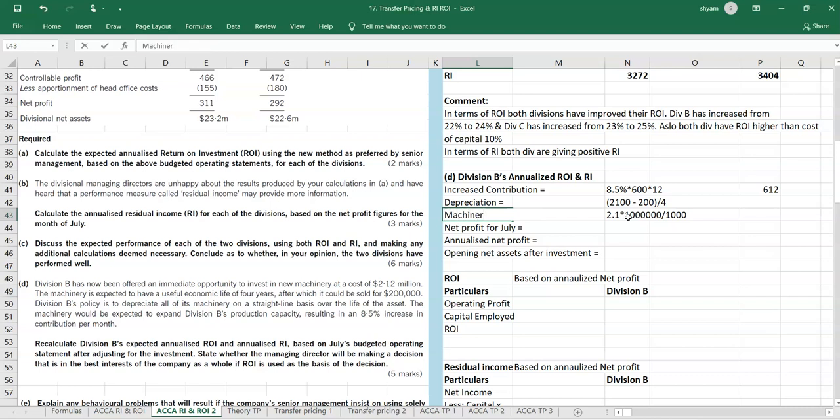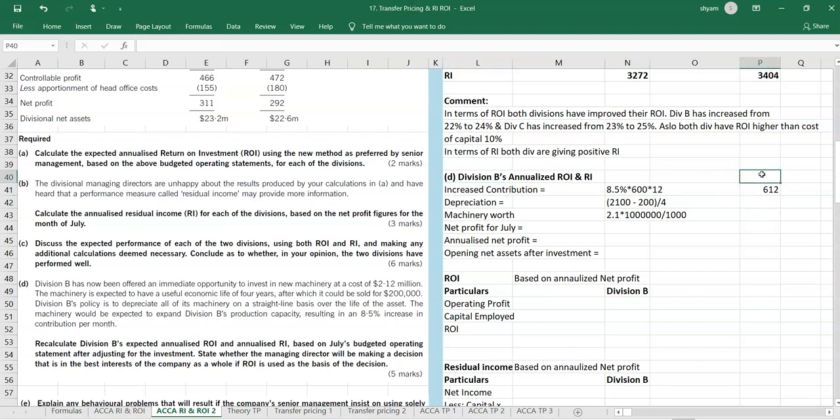Depreciation would be 2100, which is expressed in thousands, minus 200, divided by 4. You will get the answer.